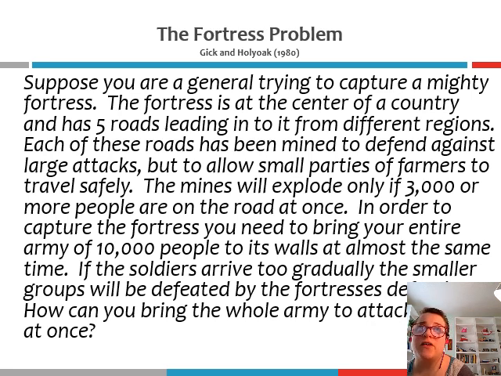The mines will explode only if 3,000 or more people are on the road at once. In order to capture the fortress, you need to bring your entire army of 10,000 people to its walls at almost the same time. If the soldiers arrive too gradually, the smaller groups will be defeated by the fortress's defenders. How can you bring the whole army to attack the city at once?